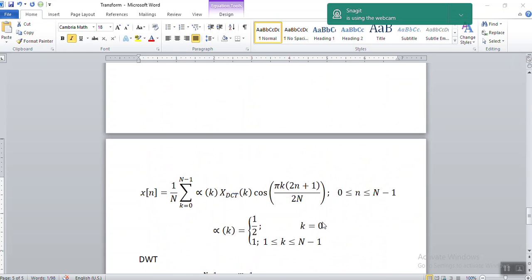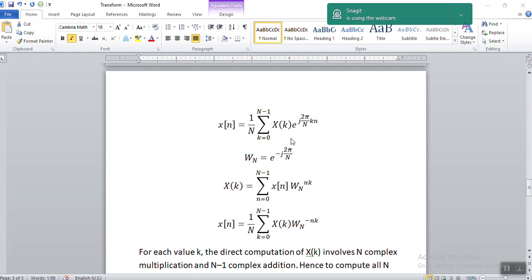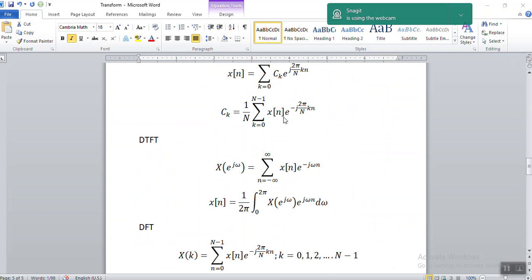Therefore, in the DFT or DTFT, theoretically it is the DTFT, which is from minus infinity to infinity. That means this window is of infinite length. What does it mean? Whatever things you have seen behind the wall, you have seen all together.